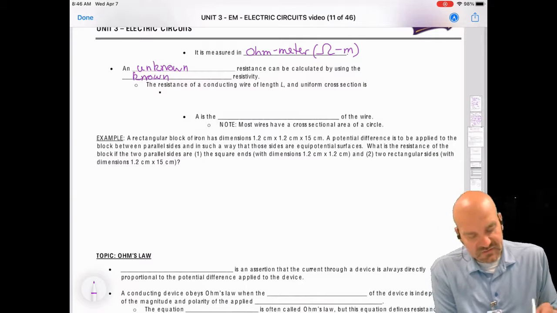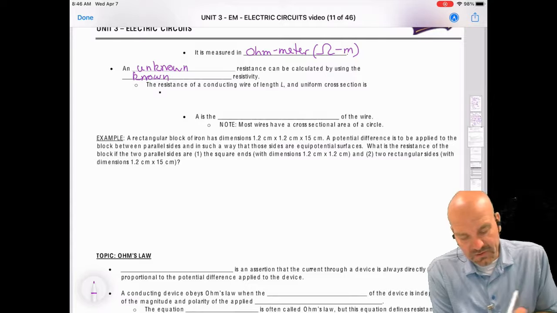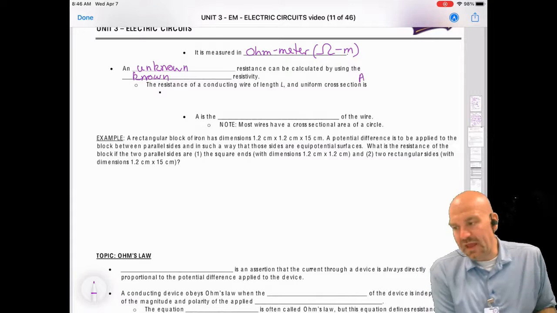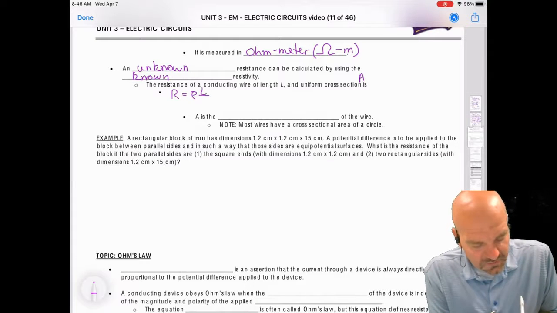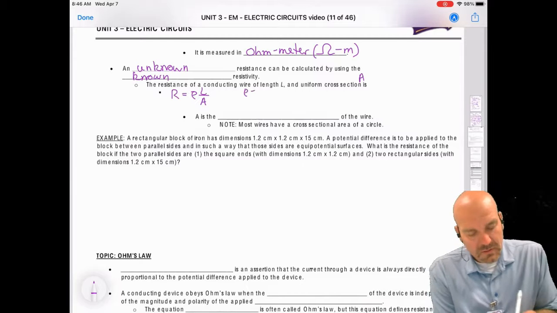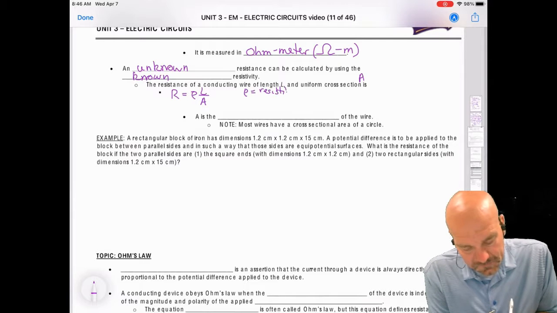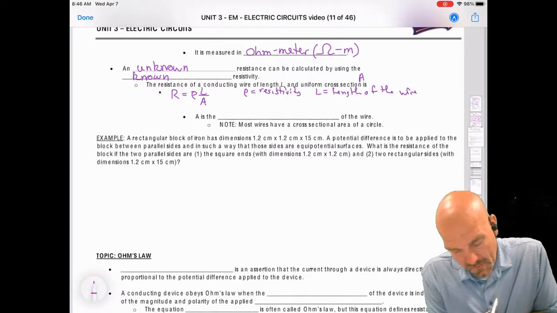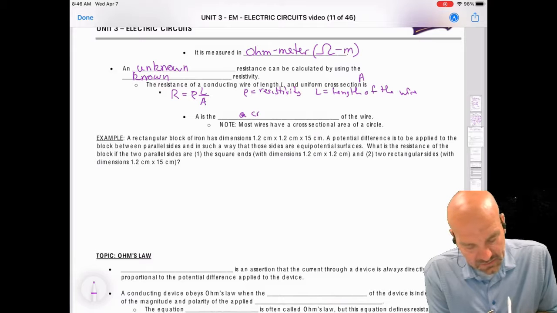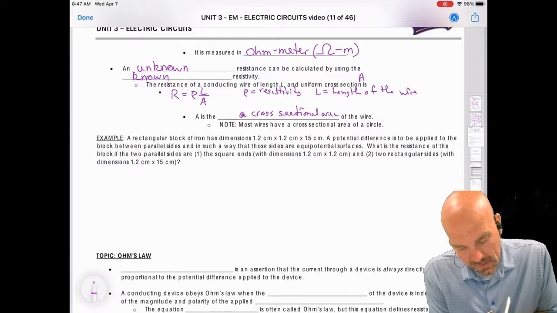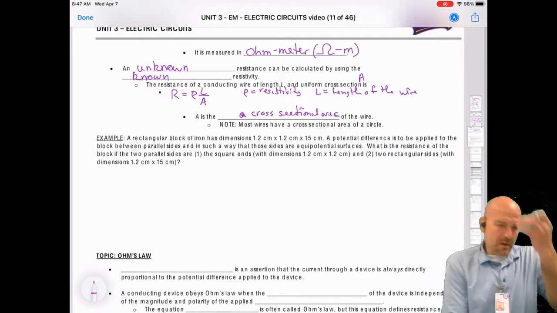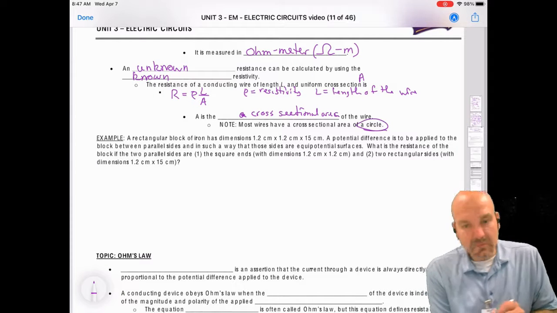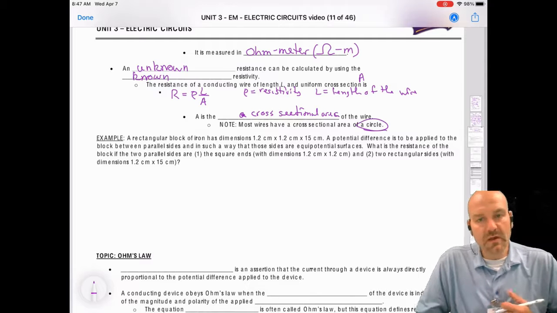So the resistance of a conducting wire of length L and uniform cross-section A, I forgot to write the A in there, is simply R is equal to rho L over A, with rho being the resistivity, L being the length of the wire, and A, you see right here, being the cross-sectional area.